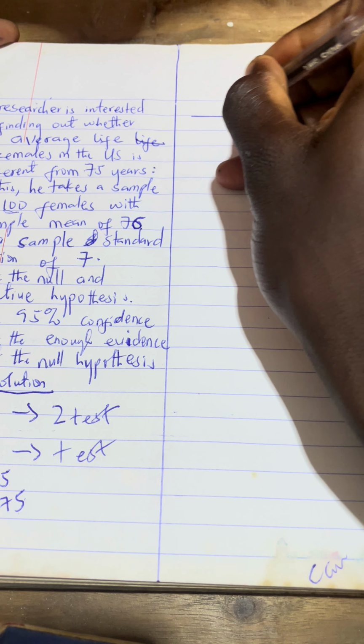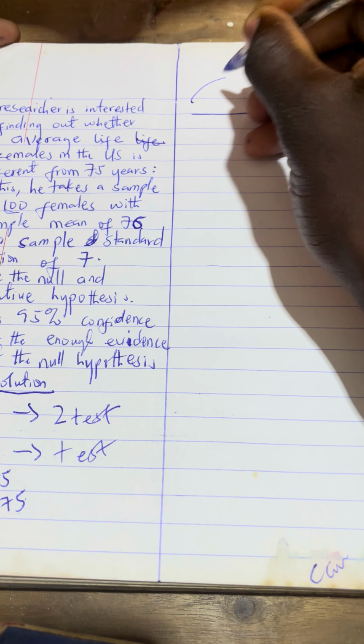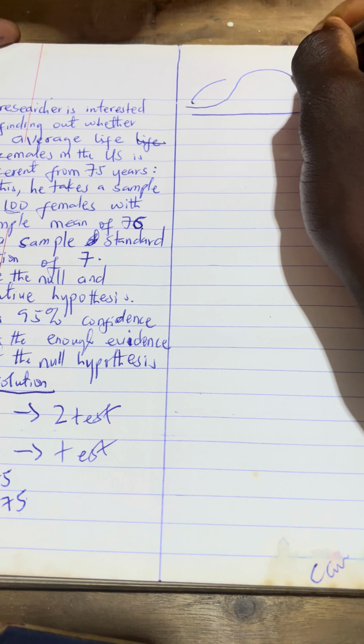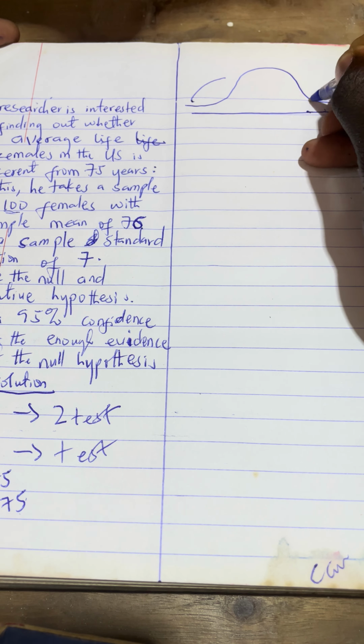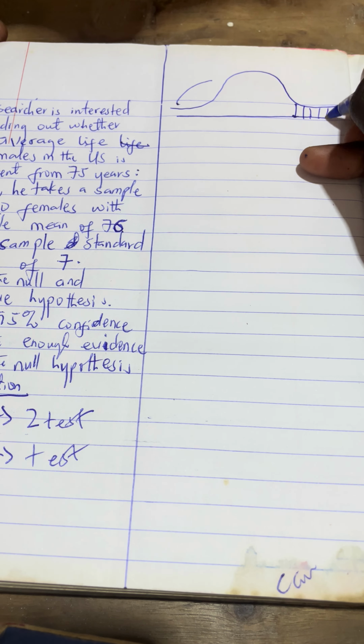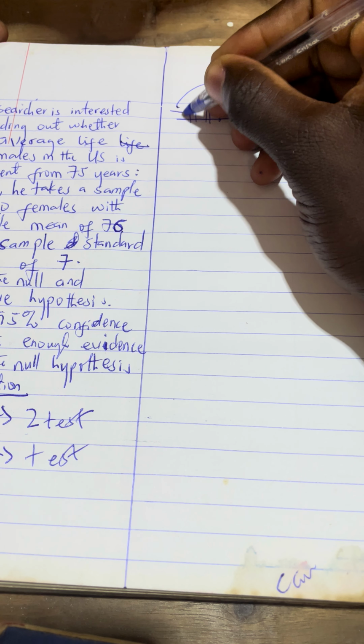So we draw our graph. So this is the critical region.